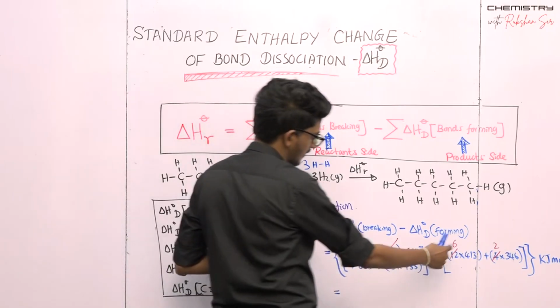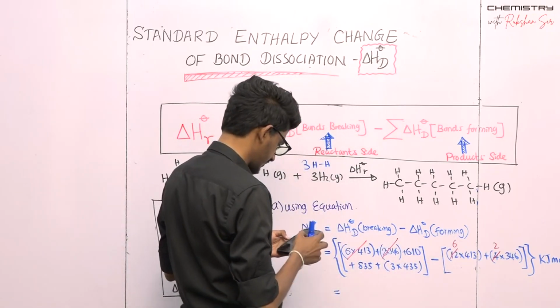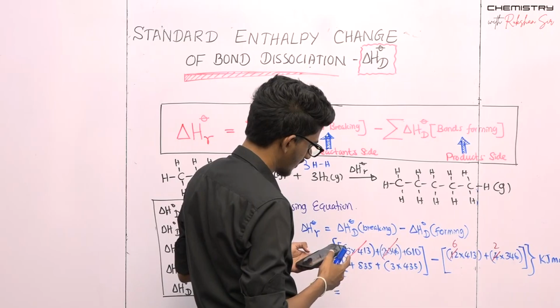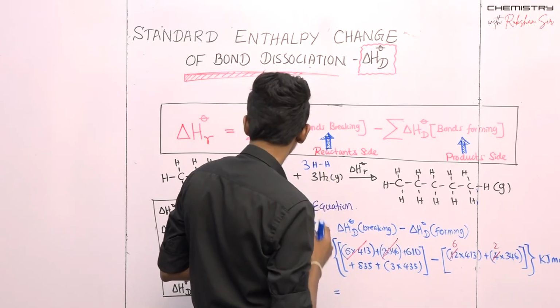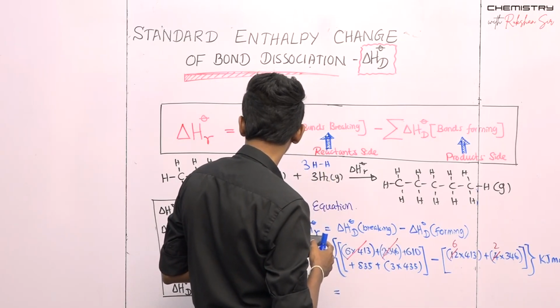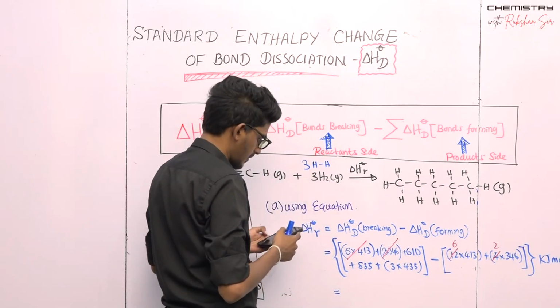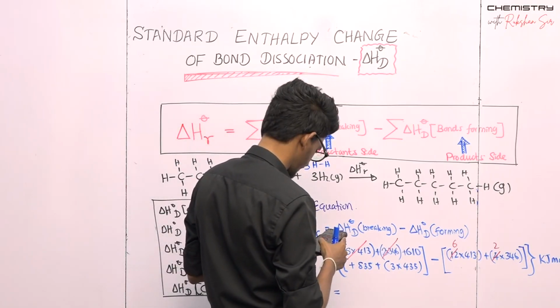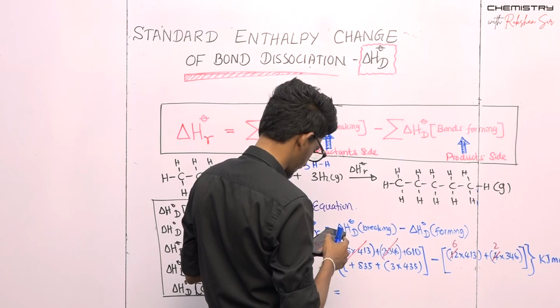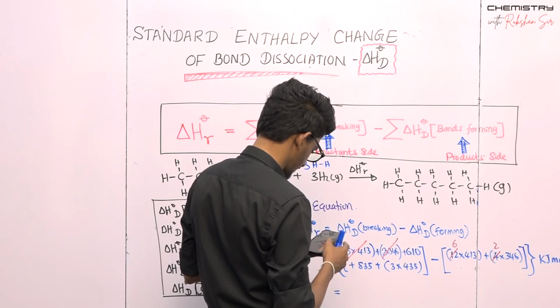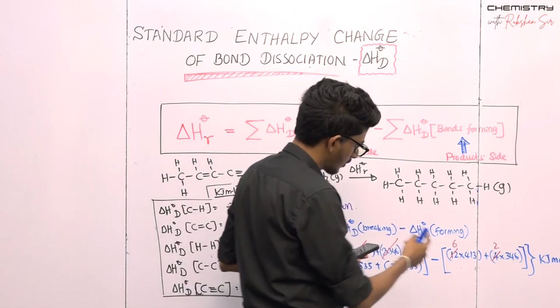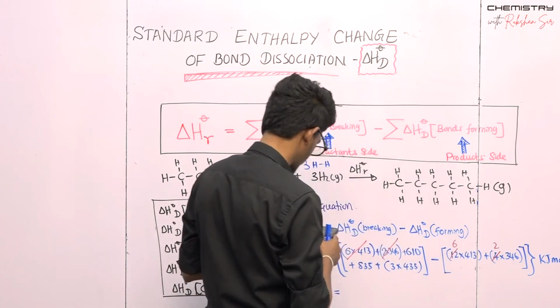And with the other side, you have 6 into 413, and then minus 2 into 346.